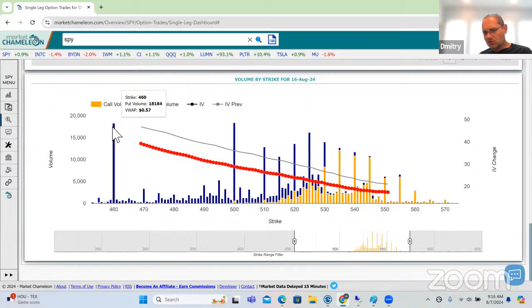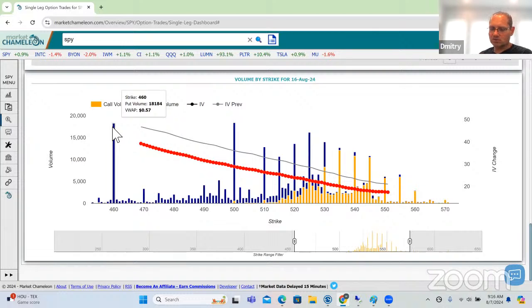And here I'm just looking at the 460 strike. We see 18,184 puts traded for a VWAP price, volume weighted average price, of 57 cents. When you hover over it, it gives you a sense of not only the volume, but also the premium in the options, the weighted average premium that it traded at, 57 cents.